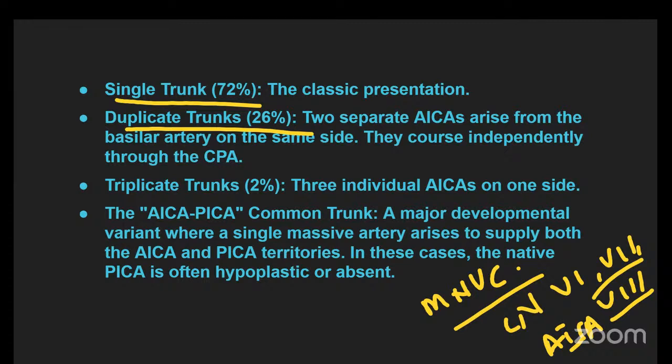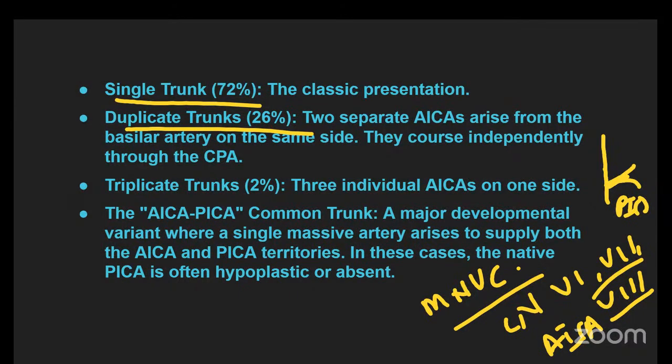And sometimes, this is the basilar artery, we know this, and AICA is a branch, right? In the variations, sometimes the labyrinthine artery can arise from the basilar artery directly. Sometimes we have a common trunk for both the AICA and PICA.